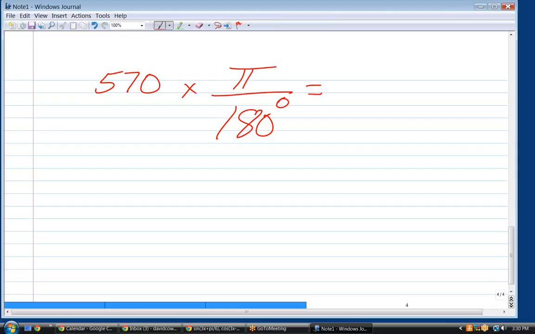What's 57 divided by 18? That's 3.16. Let's leave it as a fraction as opposed to a decimal. It's 3 and 1/6, so 19 over 6 pi.